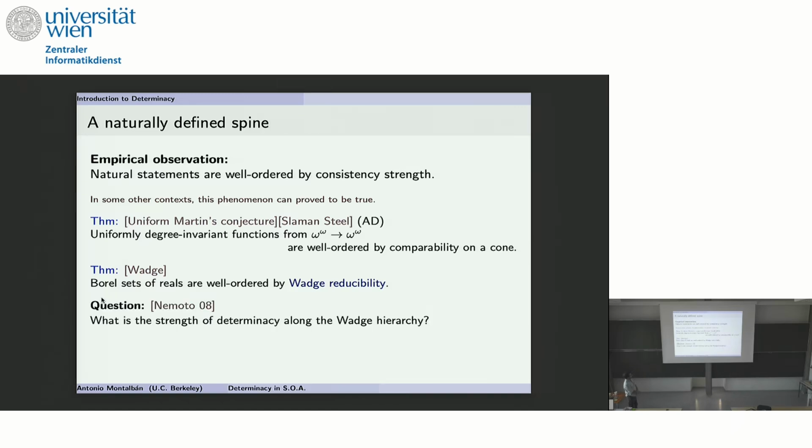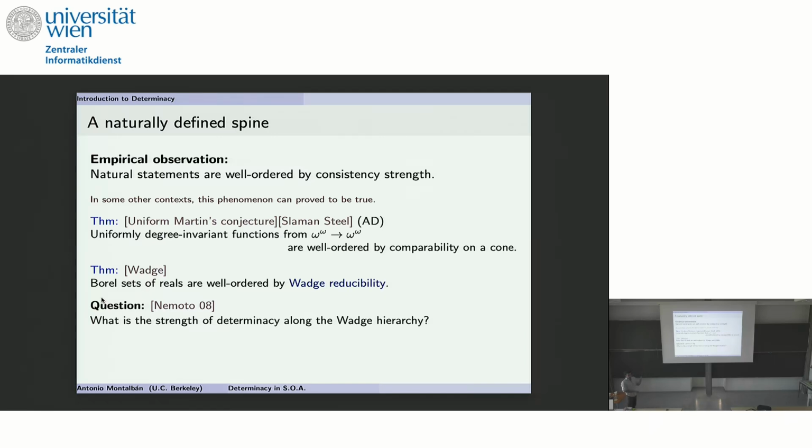And Nemoto asked, she published this in 2008, though this idea probably existed before: what is the strength of determinacy along the Wadge hierarchy? She wrote a program of understanding how determinacy behaves: we know this one is well ordered, so what about determinacy statements along that hierarchy?